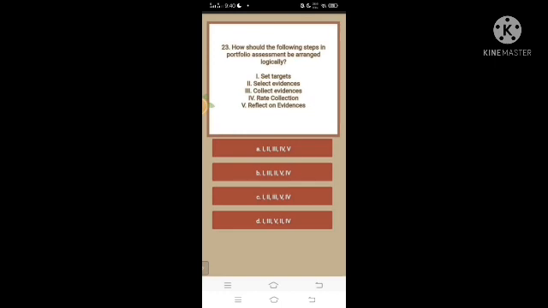Next is to collect evidences, such as the reflections and the examinations of their students. Then step three is to select evidence. After you collect the evidences, you have to select some of them. And the fourth one is to reflect. You have to reflect on your evidences in order to get the idea of what you have selected earlier. And the last one is to rate the collection.